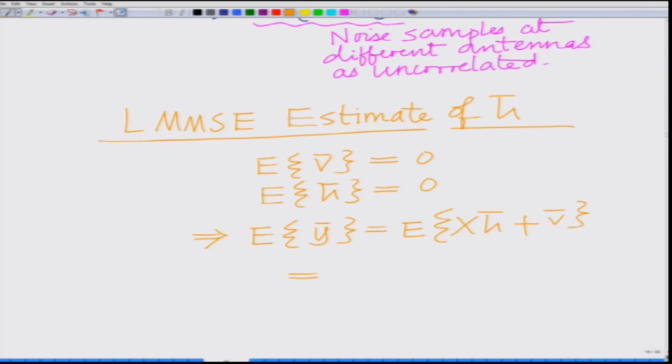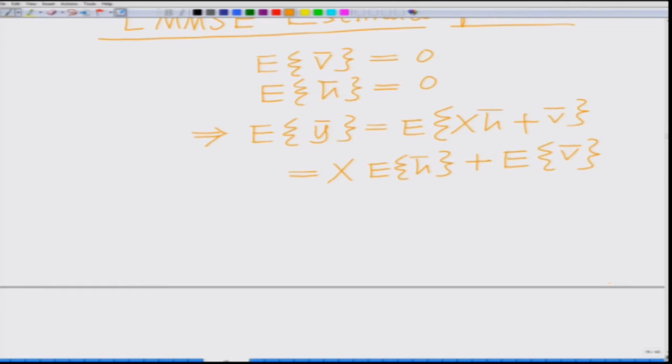x H bar plus V bar, which equals x times expected H bar plus expected V bar. Now, expected H bar is 0, expected V bar is 0. So, this is basically 0. So, we have expected value of Y bar equal to 0, expected value of H bar equal to 0.